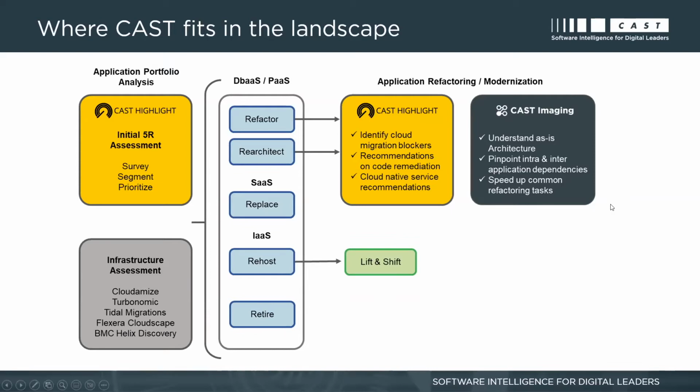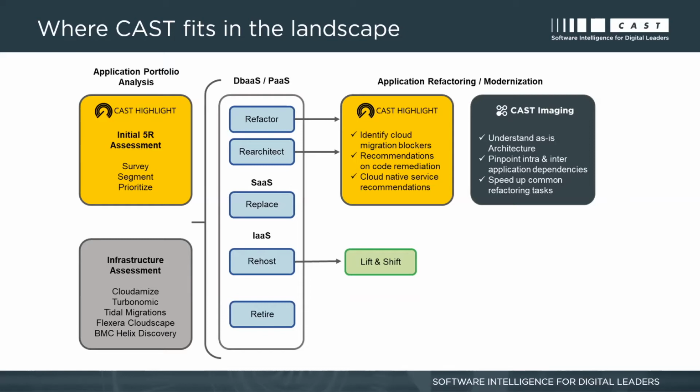And then we have another product called CAST Imaging, that I showed an image of a few moments ago. This is a product that goes very deep on a single application and reverse engineers the entire architecture and structure of a system and creates basically a graphical map that you can navigate up and down multiple levels. Think of it like Google Maps for a complex software system, right?